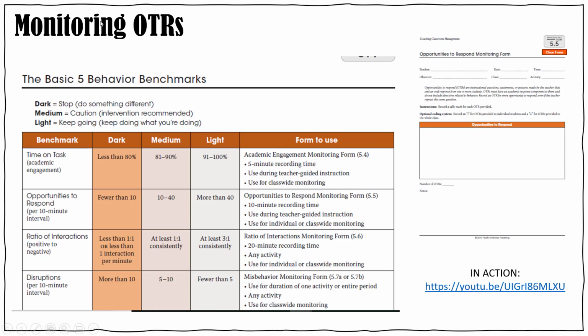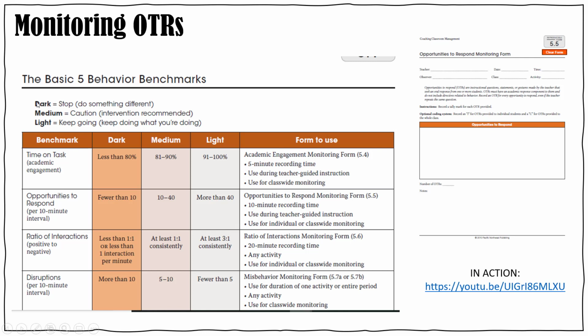So monitoring and measuring your opportunities to respond is really important. So I would really urge you guys to start doing this if you can. So start using your opportunities to respond and start actually monitoring them. It'll make them more effective, which makes the lesson easier for your students to understand, and you'll have more learning taking place. So you can look at some benchmarks with regards to your opportunities to respond.